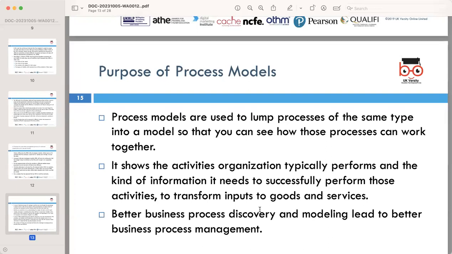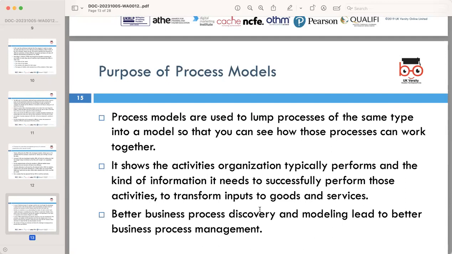The purpose of process models is basically based on three main things. First, grouping similar processes: process models allow the grouping of processes of the same type into a single model. Then visualization of activities: they provide a visual representation of the activities an organization typically performs.